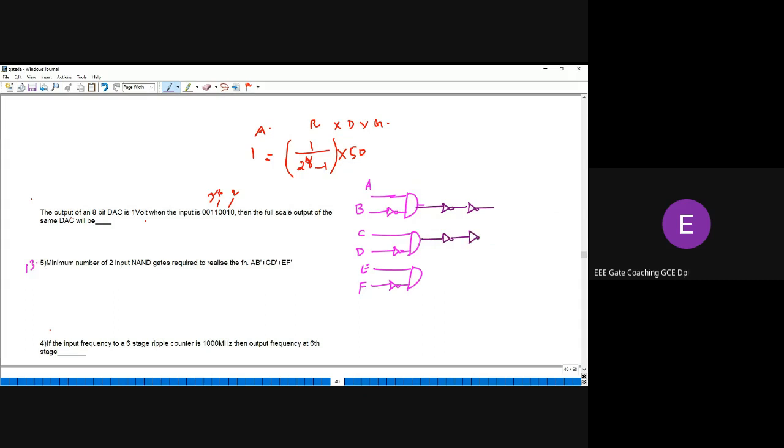But they have asked only for two input NAND gates, right? So for two input NAND gates the answer is 9 only.